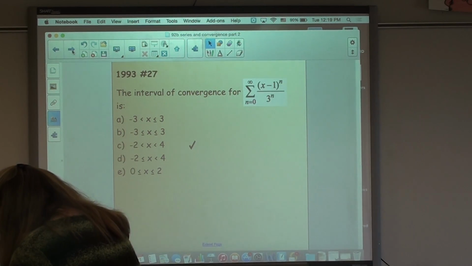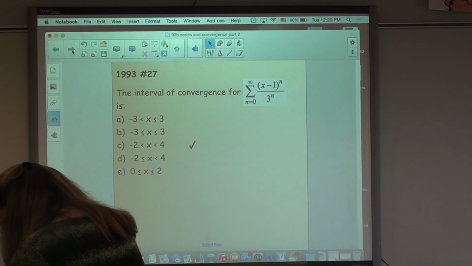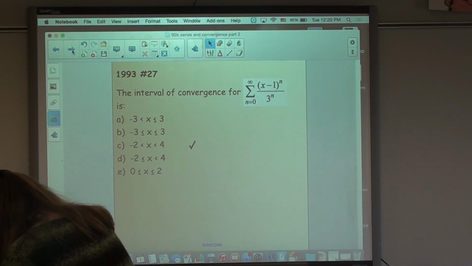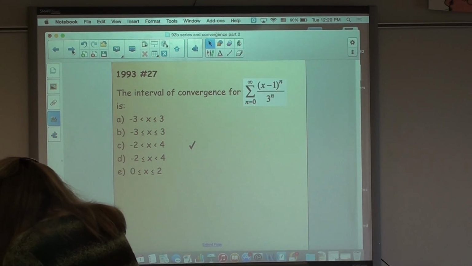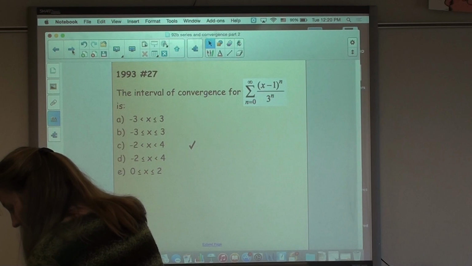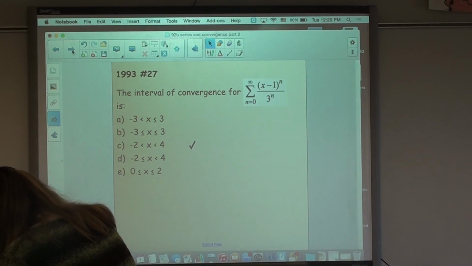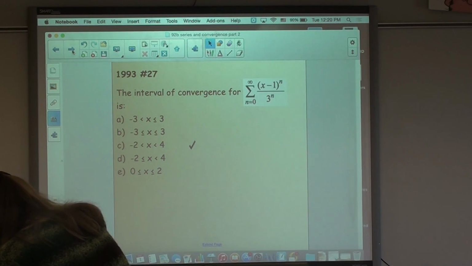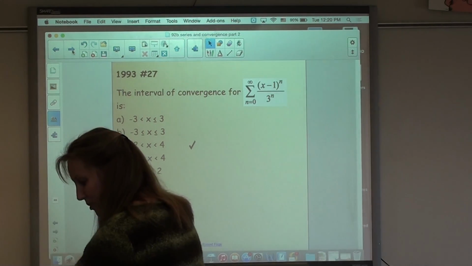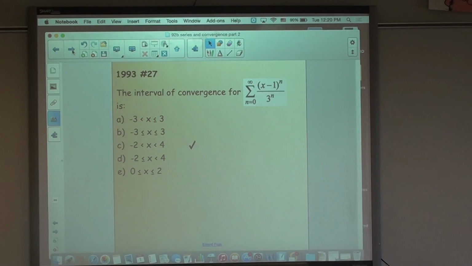Is that a less than one? Tell me what you're going to do. Yes, that's beautiful. So we're not trying to find a sum. We're just trying to find the x's where it converges. Perfect, now from there you solve it.